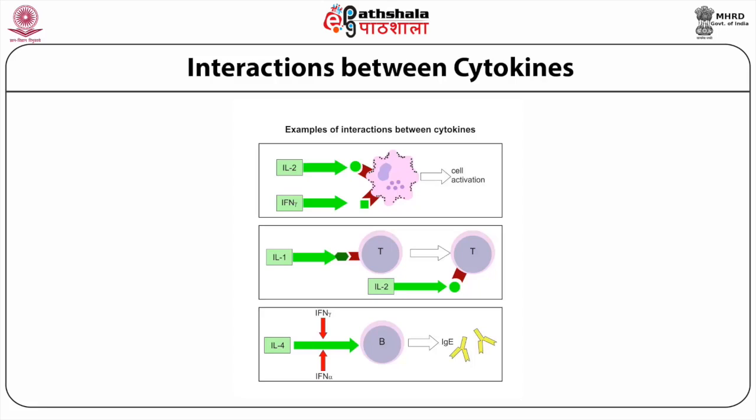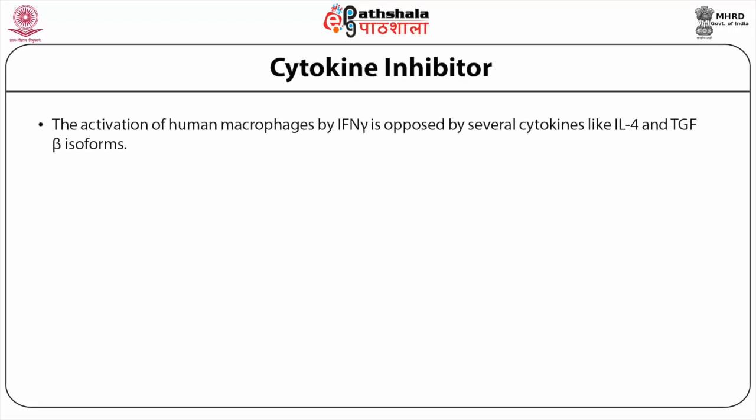IFN gamma and IFN alpha have opposite effects on production of IgE by B lymphocytes. The activation of human macrophages by IFN gamma is opposed by several cytokines like IL-4 and TGF-beta isoforms.